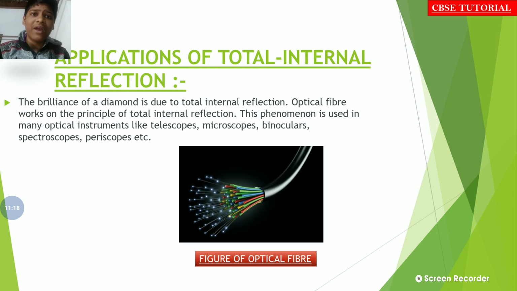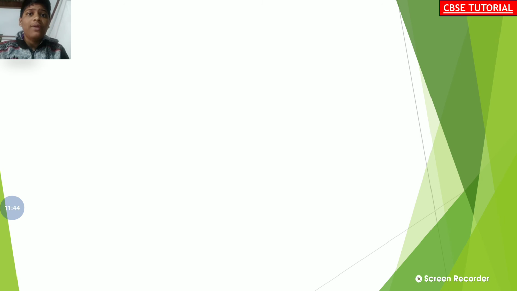It is used in instruments like telescope, microscope, binocular, spectroscope and periscopes, etc. These are the devices where optical fiber is used. And this is the picture of optical fiber. But what happens inside this optical fiber, so that we say this is an application of total internal reflection? It will look like this.